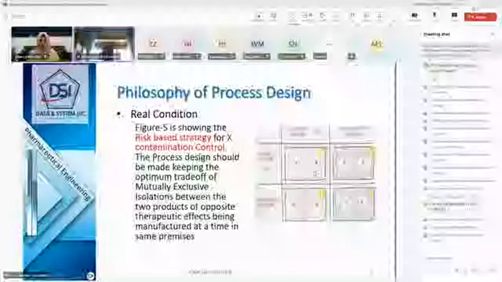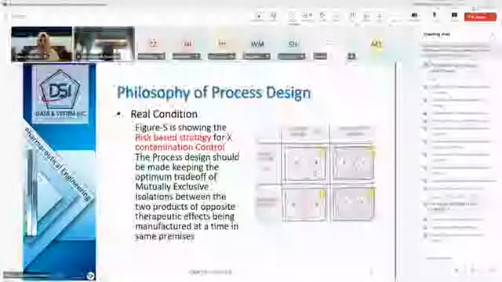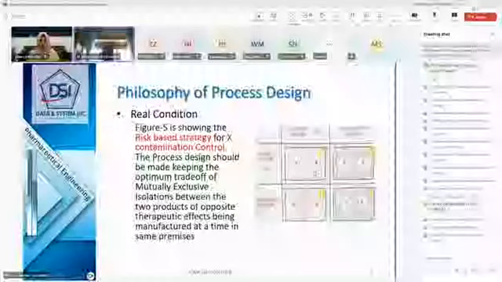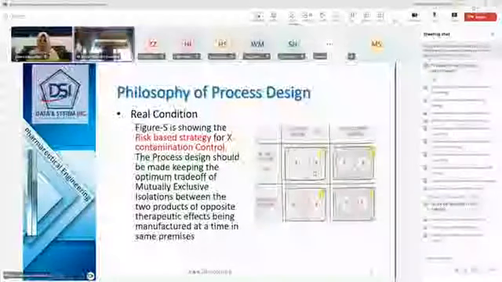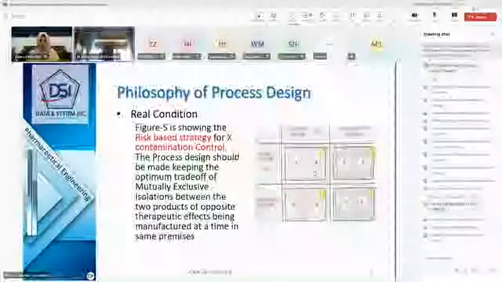So what you are going to do is replicate the generic product. You just follow the rules, mix up the drug substances, and then following the processes, you will come up with the drug product.